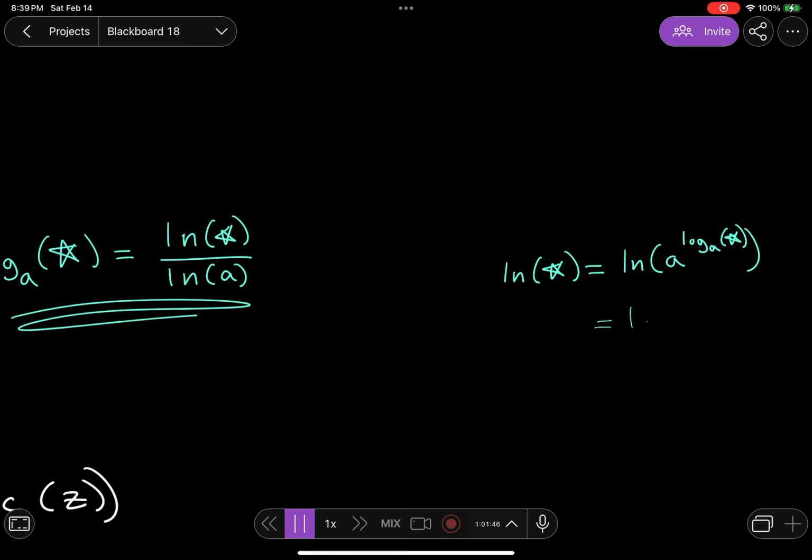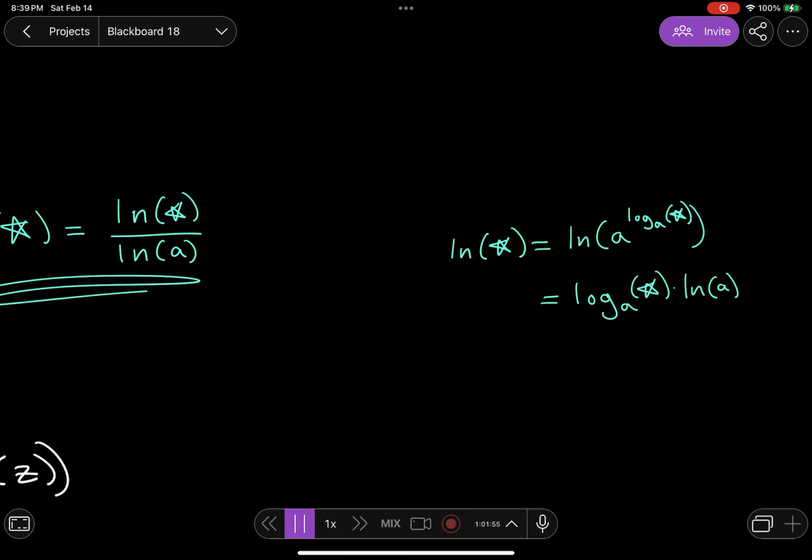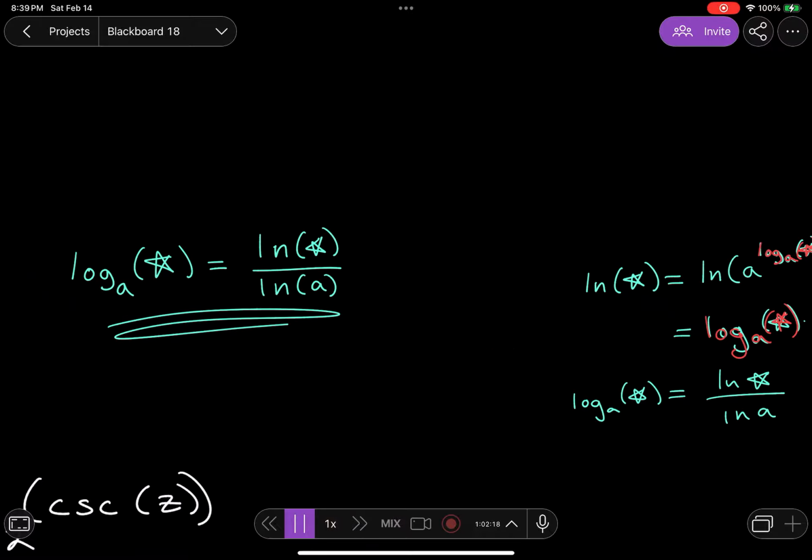Using log rules, that's log base A of star times the natural log of A. That's a logarithm rule. Okay, and then dividing both sides by the natural log of A. Okay, here we go. So that tells us log base A of star is equal to the natural log of star divided by the natural log of A, and that's what I wanted to show, and that's what I want to use here.